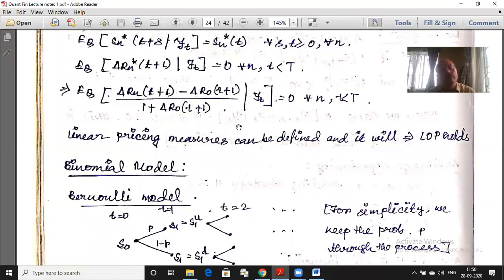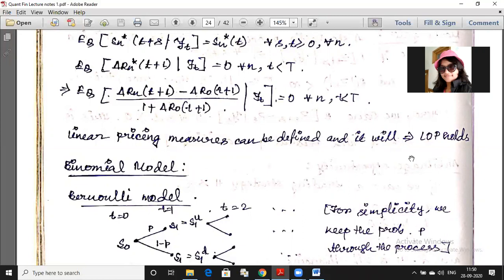So the law of one price will also hold in this setting, just to make it a formal statement. Okay, so now I move on to the model, which is the most common, the most popular model in discrete time financial asset pricing, which relies on the binomial distribution.